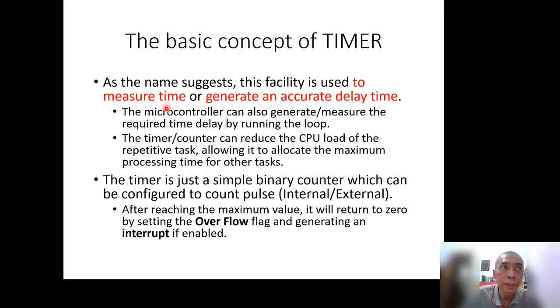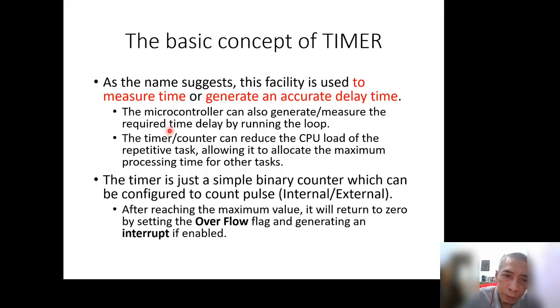Because you can make your delay time using a while loop, fixed while loop, or a for loop. But I don't suggest you use that kind of method because it's not very accurate. If you want to generate an accurate delay time, you can use the timer.